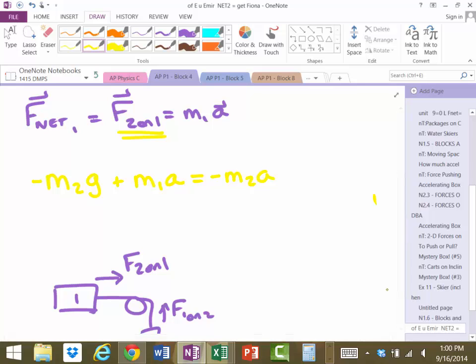We know M1. We know g. M2 is what we're measuring, and a is one of the things that we were measuring. Were we really measuring it? No, but we can find it, right?